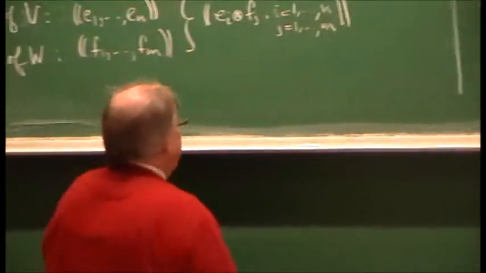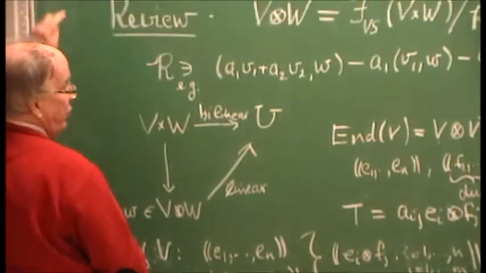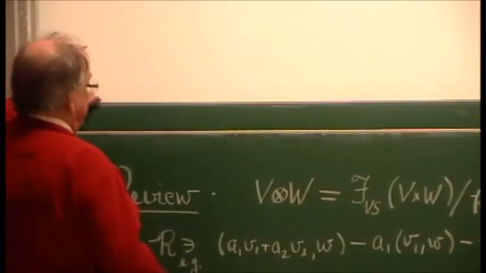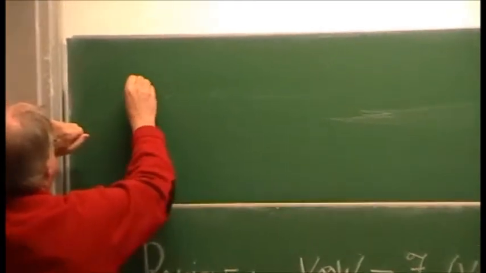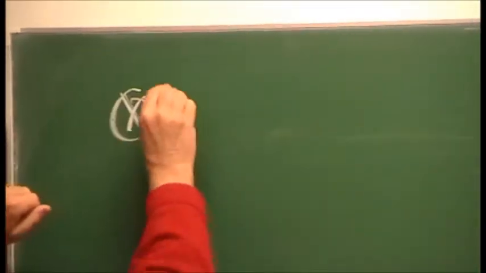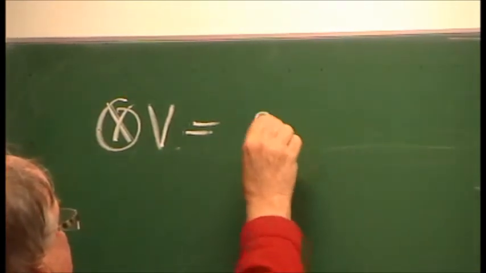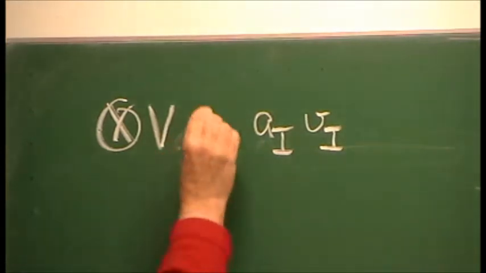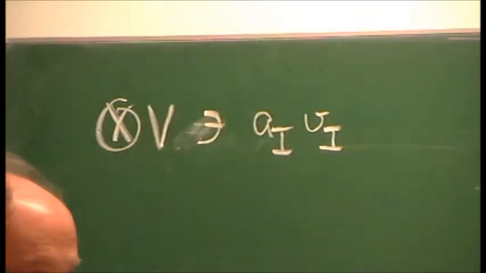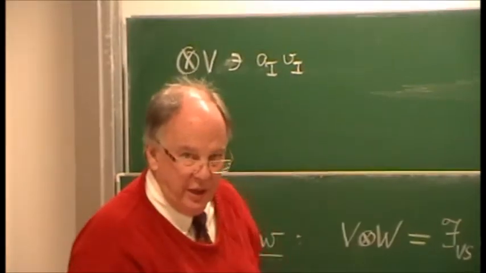So, typically then, an element of the tensor algebra, the full tensor algebra. It's an algebra, it's an associative algebra. An element of this full tensor algebra is a finite linear combination, AI, VI. What does that mean? You have to get used to multi-index notations, right?